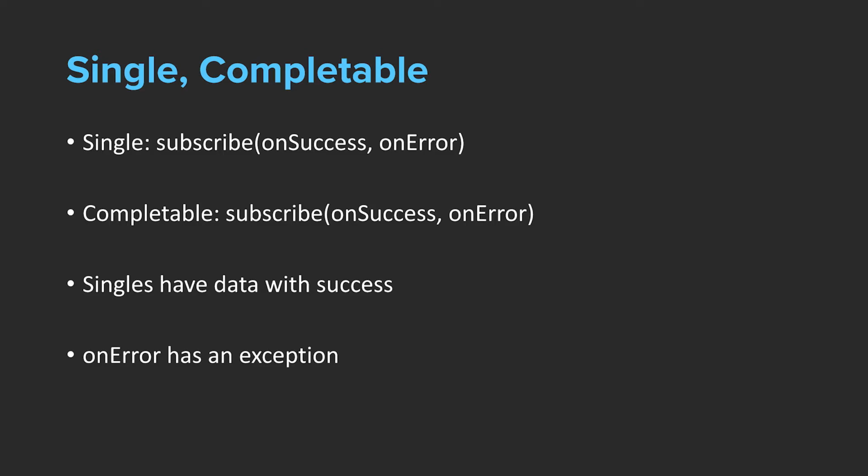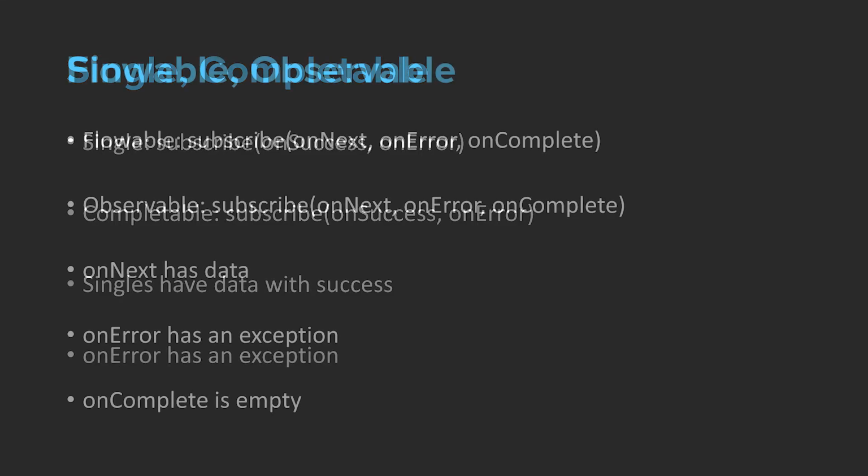To overcome this issue, it's important to know what type of data we're going to be receiving from our operation. For singles and completables, they're only ever going to have a success condition and a failure condition. For singles, the success condition is going to contain a piece of data, and for the failure condition, it's going to contain an exception. With completables, you're going to have a success condition with no data and an error condition with an exception.